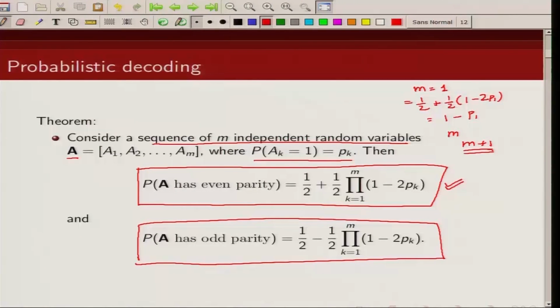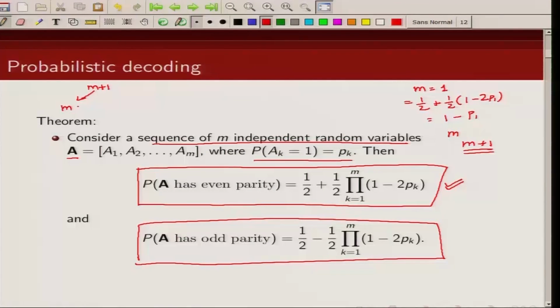To show that it holds for m plus 1, we have to find the probability that a sequence of m plus 1 independent random variables has even parity. When will the m plus 1 independent random variables have even parity?